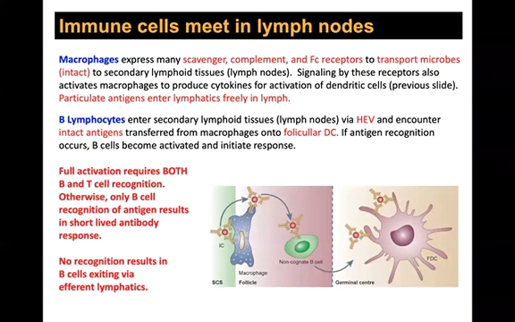After that happens, this funny thing happens where the B cells go and talk to the T cell and say, hey, did you get activated? And if they did, then you get a full response. Now, if the B cells don't see anything on the follicular dendritic cells, they also go out via the efferent lymphatics. They go to the next lymph node and look around there and see if they can find it.